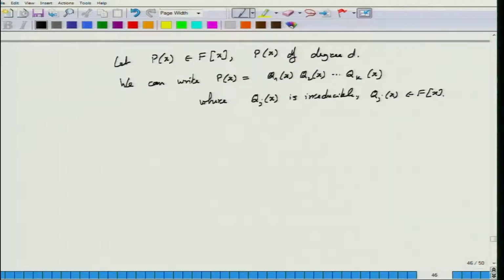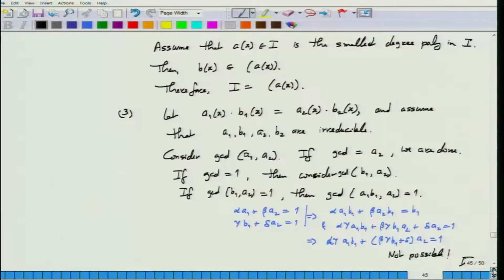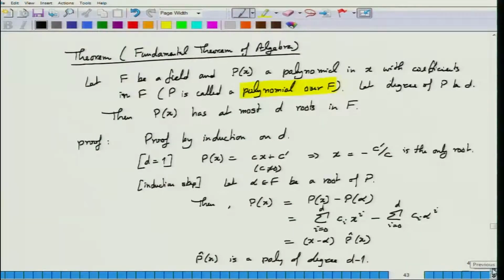But suppose alpha is a root of P and alpha is in F. Can we say something about the nature of at least one of these Qj's? Just go back to this proof. If alpha was a root of P, then P I can write as (x minus alpha) times P hat(x). A linear factor.